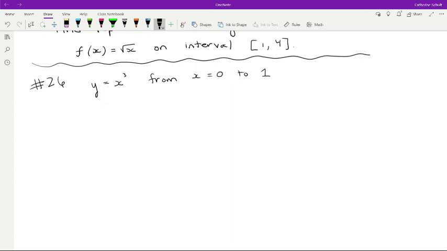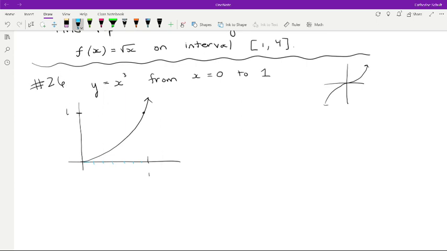All right, well, let's draw a picture. So remember the graph of x cubed, something like this. Okay, so we're going to find Rn of this interval.